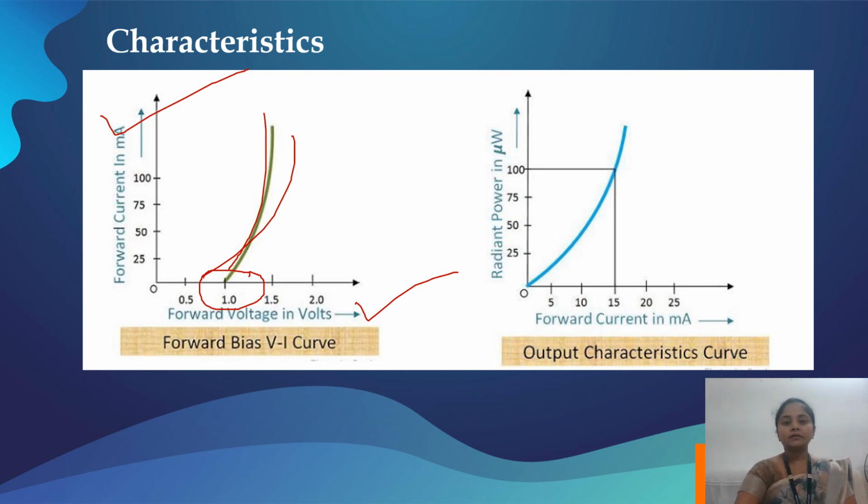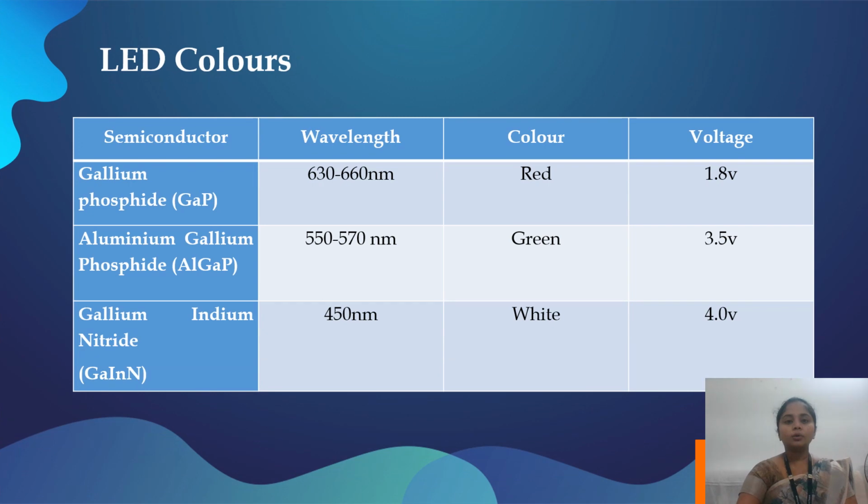There is another curve called the output characteristic curve, plotted between the forward current and the radiant power. It is very evident from these two graphs that the characteristics of an LED are considered linear.